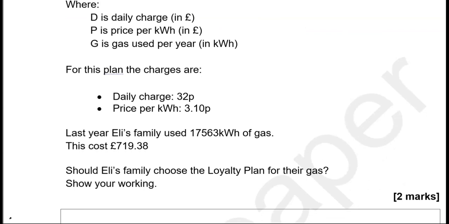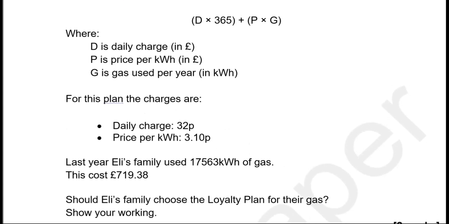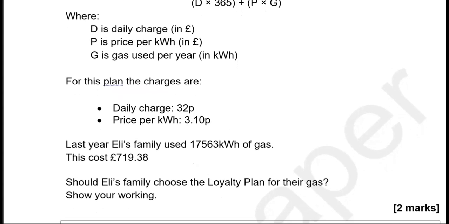Show your working. So we're given the daily charge, which is 32 pence, so that is going to be 0.32 pounds, and price per kilowatt is 3.10 pence, so we're going to write this as 0.031.